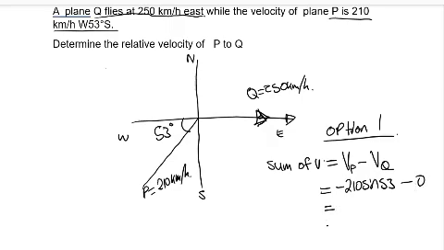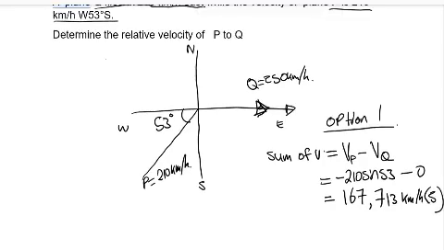If you punch it on your calculator, 210 sine 53 gives us 167. So in fact the answer is negative, but we write 167.713 kilometers per hour, because it is negative in the south direction.